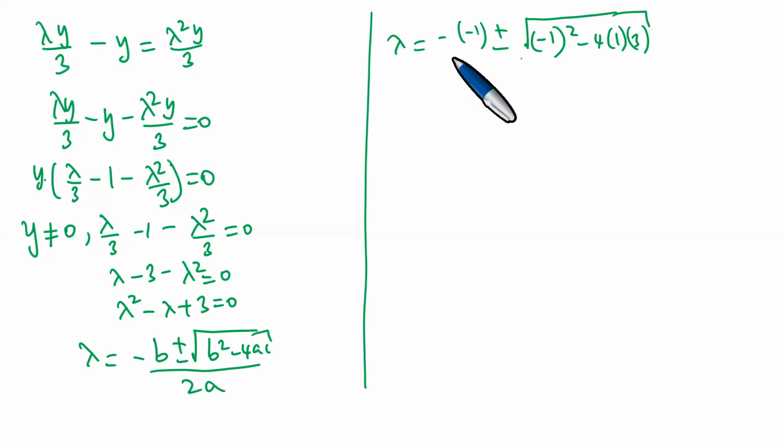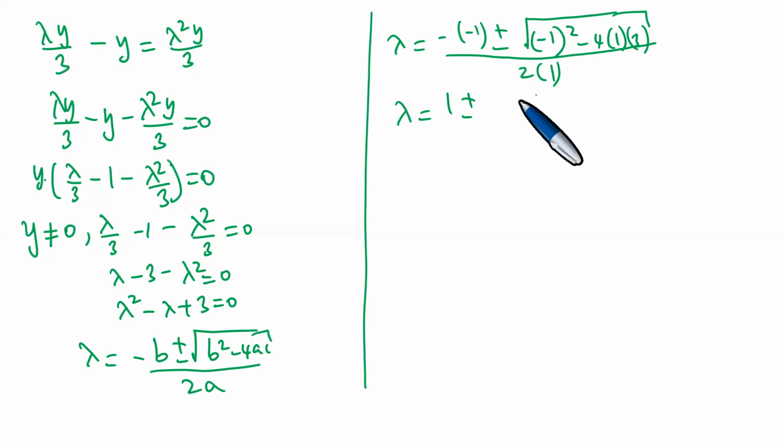All this is divided by twice a, which is 2. So 1 plus or minus the square root of 1 minus 12, divided by 2.